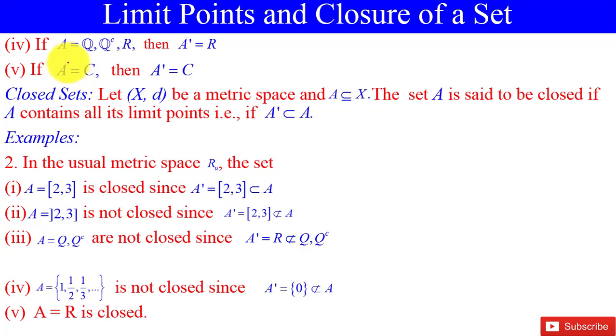If A is equal to Q, the set of rational numbers, or the set of irrational numbers Q complement, or the set of reals, then A dash is equal to R. Because if we draw a sphere S(x, r), then every open sphere S(x, r) contains at least one point of A other than x, that is, S(x, r) intersection {x} is non-empty.